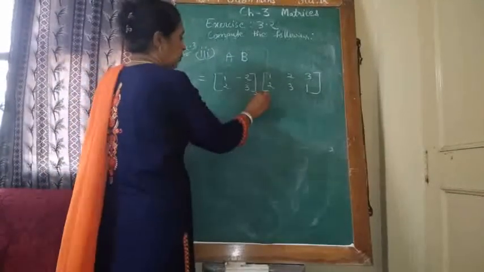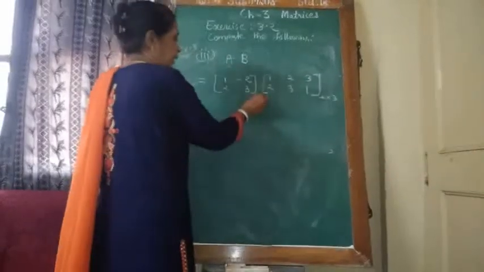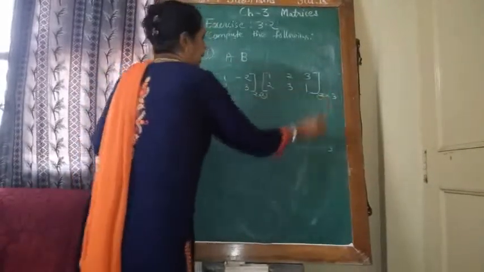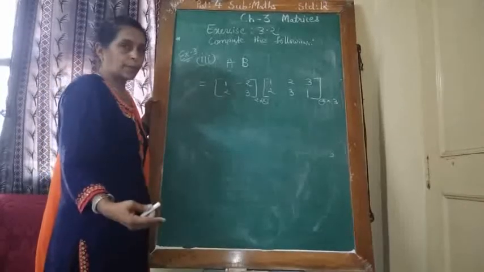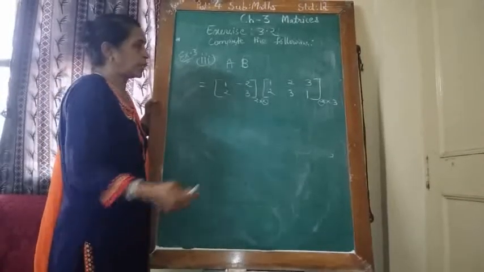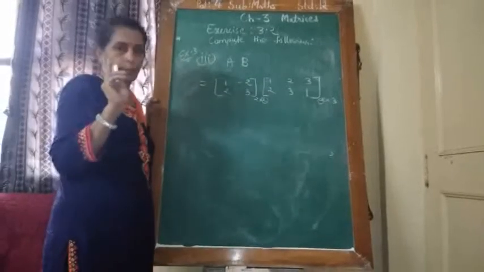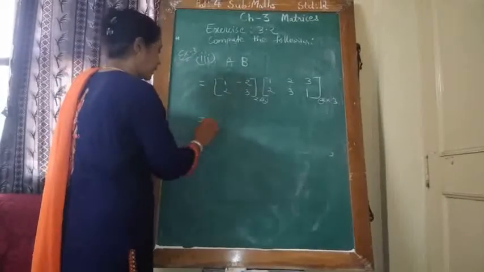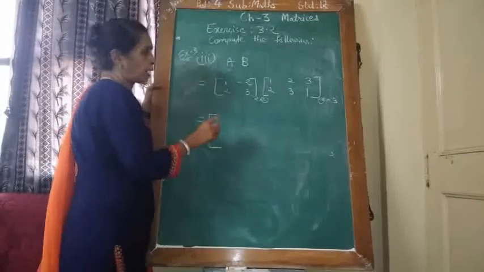Here 2 cross 2 order, here 2 rows, 3 columns, 2 cross 3, and this number is the same. So the output matrix, the product of these two matrices, has order 2 cross 3, 2 rows and 3 columns. So first, how to perform?